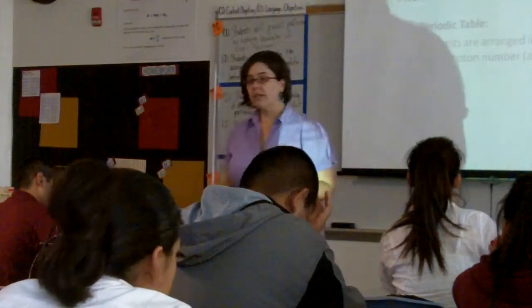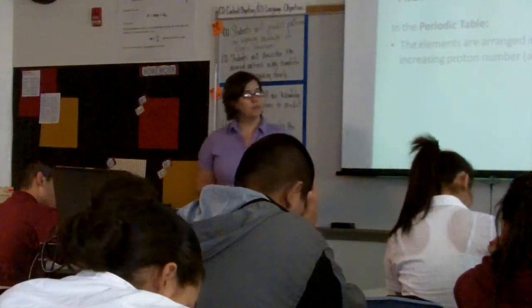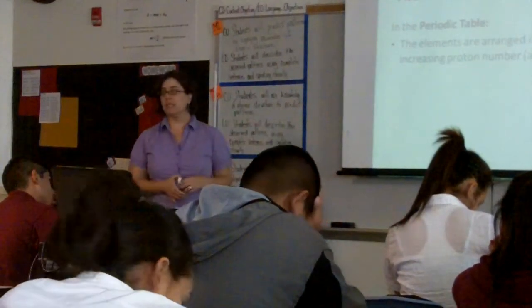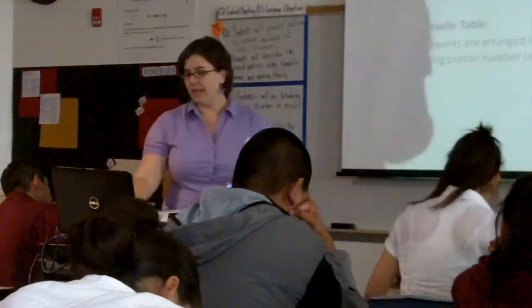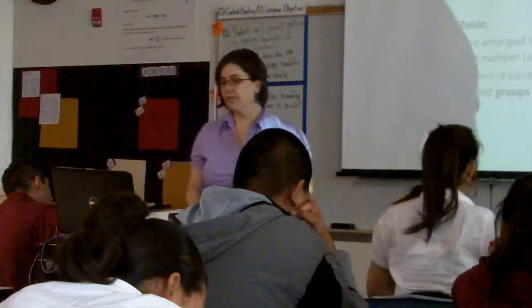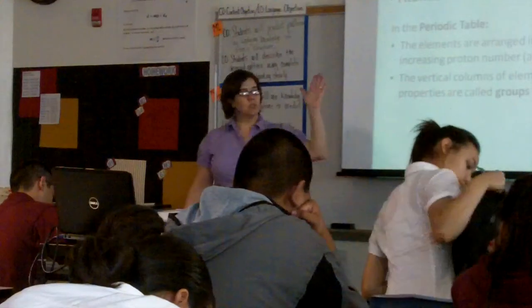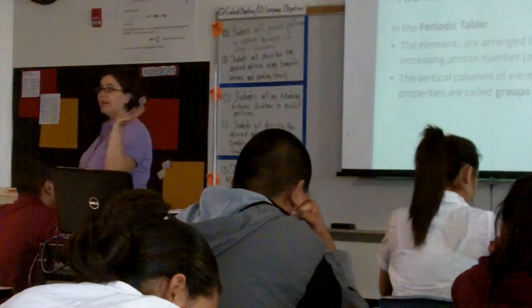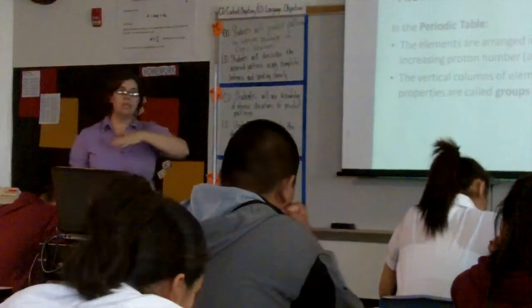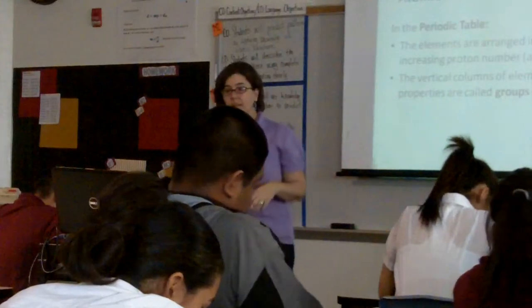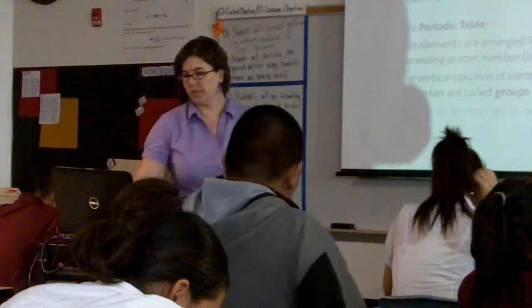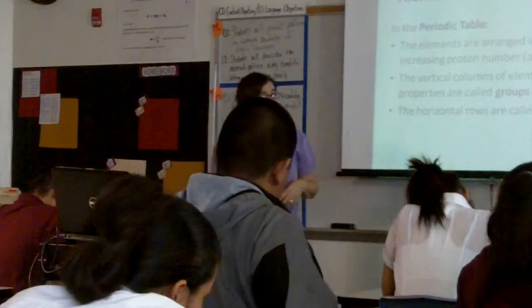One of the things you've already noticed, and quite a few of you have commented on some of these, and even when we looked at the whiteboard, some of the comments led to this idea that the elements are arranged in order of increasing proton number. So when you go from one element to another, from left to right, each element has an increasing proton number. We talked today about how the columns are called groups and the rows are called periods.